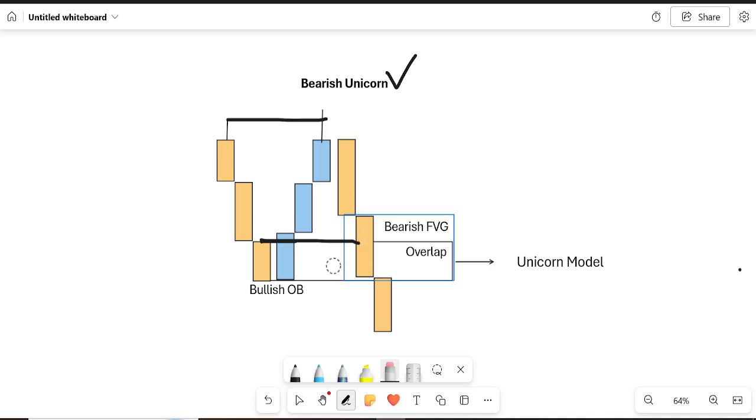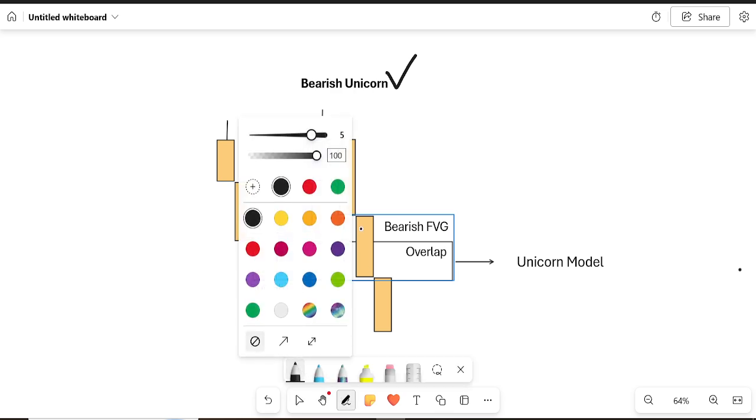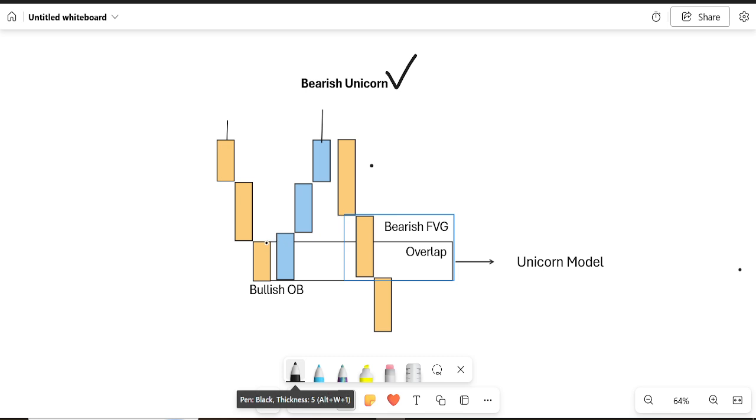After this breaker block has been formed, what you need to look for in the price is a fair value gap opposite to this breaker block. We have this breaker block confirmed, then we will look for the fair value gap. We have a bearish fair value gap here. Now we have two PD arrays for the sell side, for the bearish side.